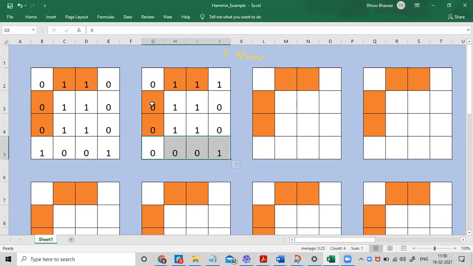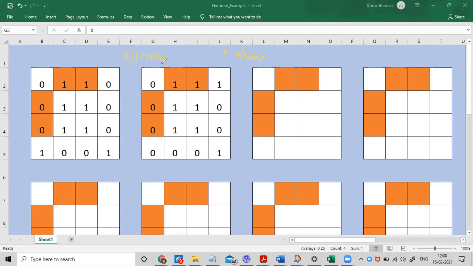The number is odd. So what should be this value? 1. But it is not 1. So we assume that there is an error. There is an error in the second row or the 4th row.